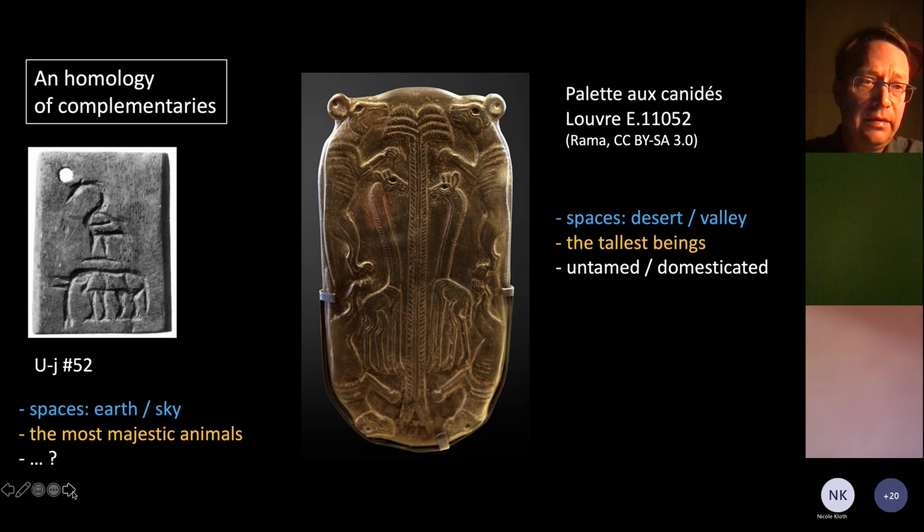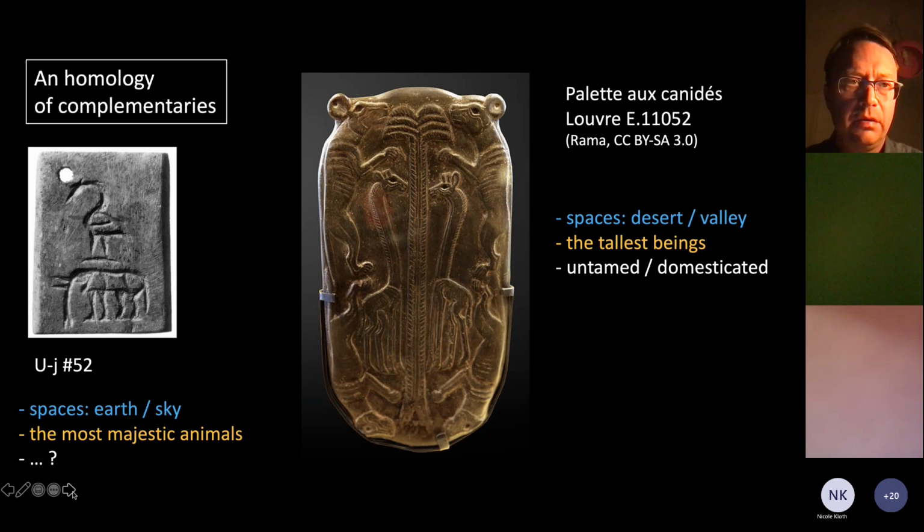If we go back to our tag, we have two different spaces, the earth with the elephant, the sky with the bird. The sky is, of course, above the elephant, so that makes sense. And it's a very large bird, perhaps a crane, so you have the two most majestic animals in their respective habitats, plus probably a number of other significations that we absolutely do not understand, but that are certainly present here.